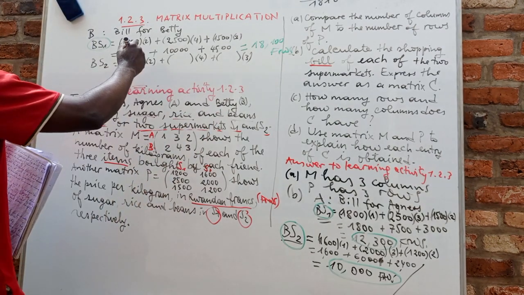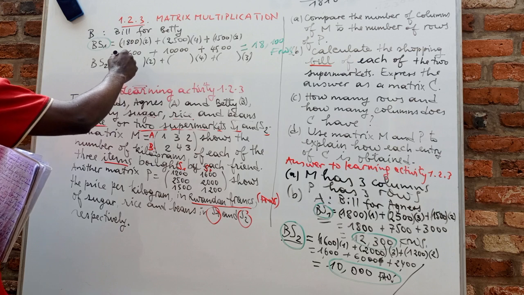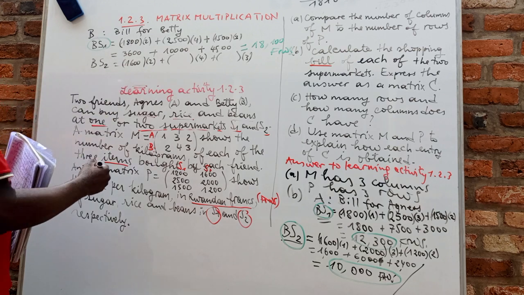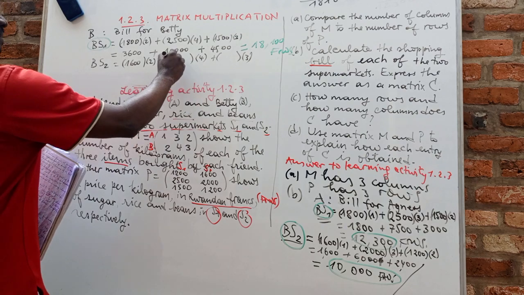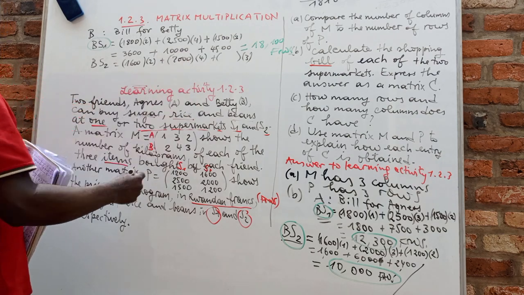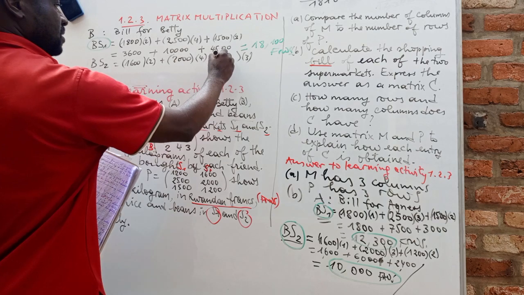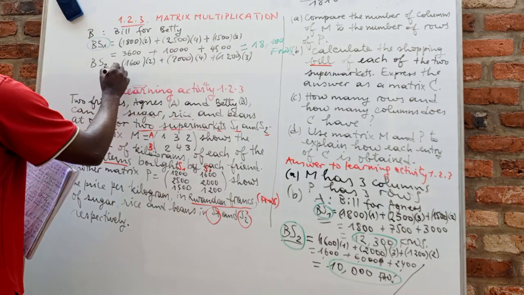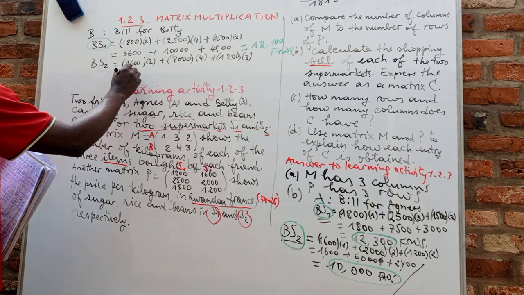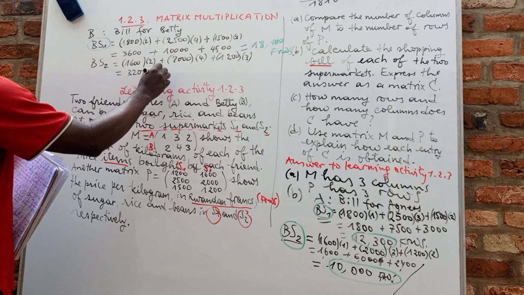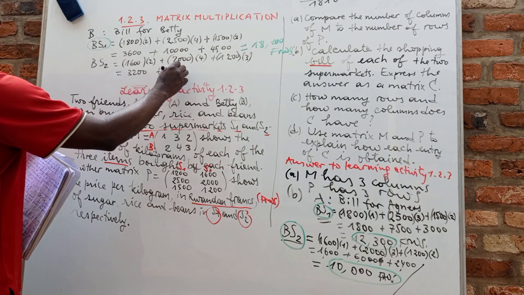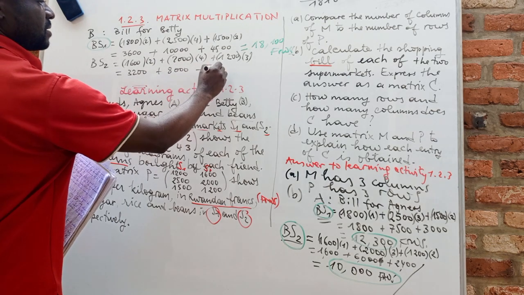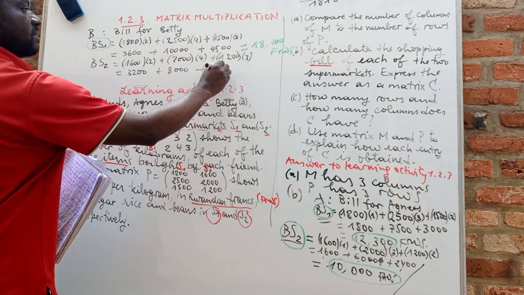Now, the prices for the second supermarket are 1,600, 2,000, and 1,200. Okay, now the product is 3,200 plus 8,000 plus 3,600.